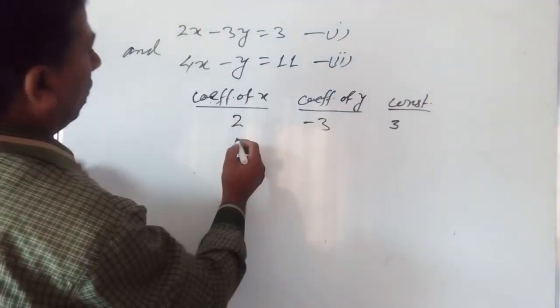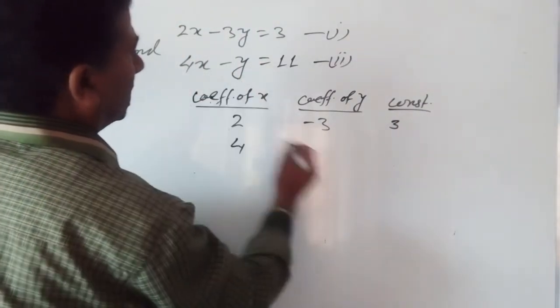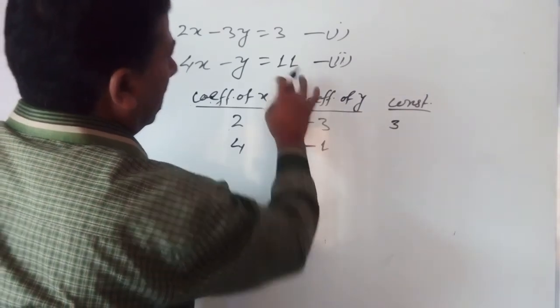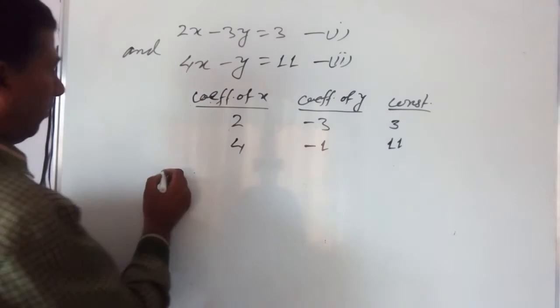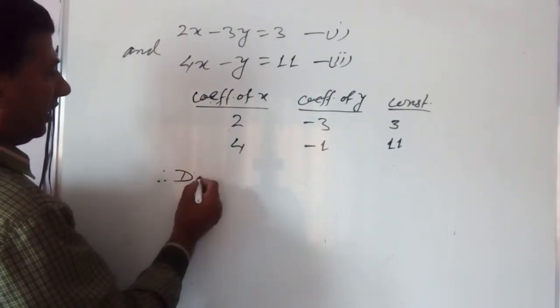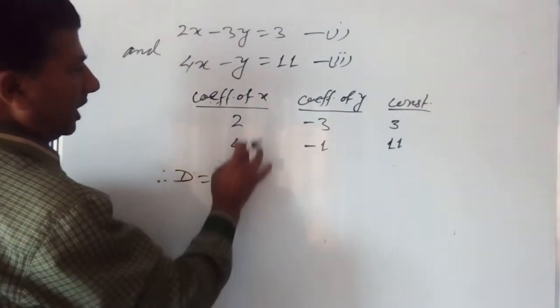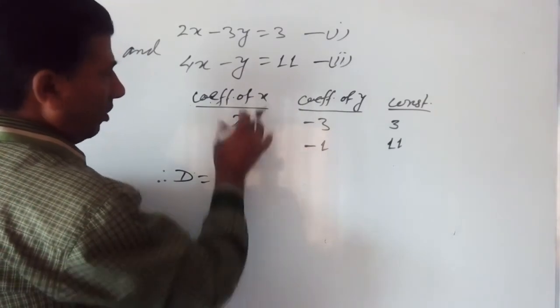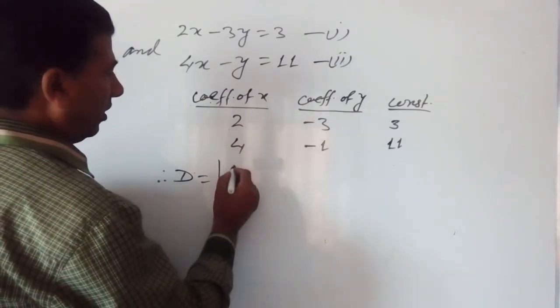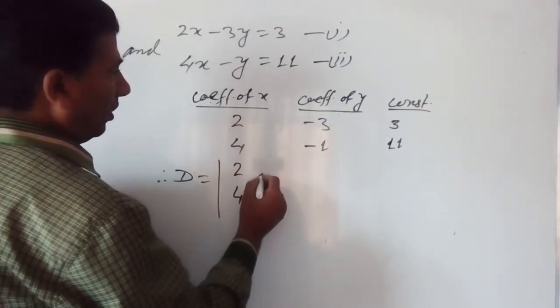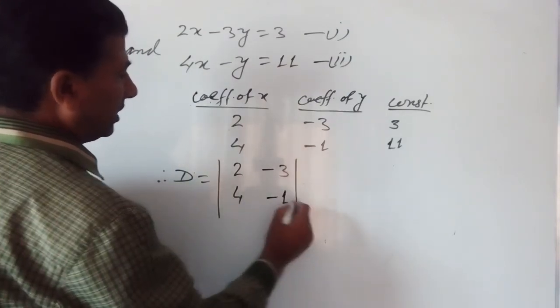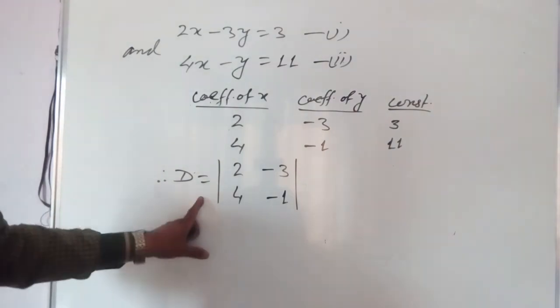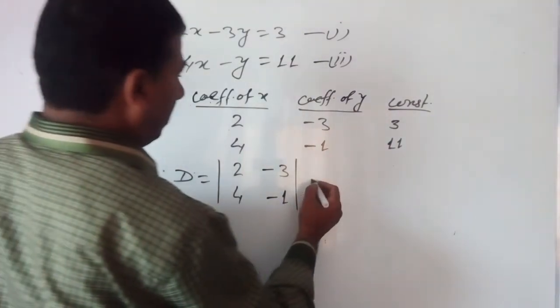Here 4, minus 1, and the constant term 11. Now therefore D will be this one: a1 a2 b1 b2, the coefficients of x and y, 2 4, the determinant of the coefficients of x and y, that is D.